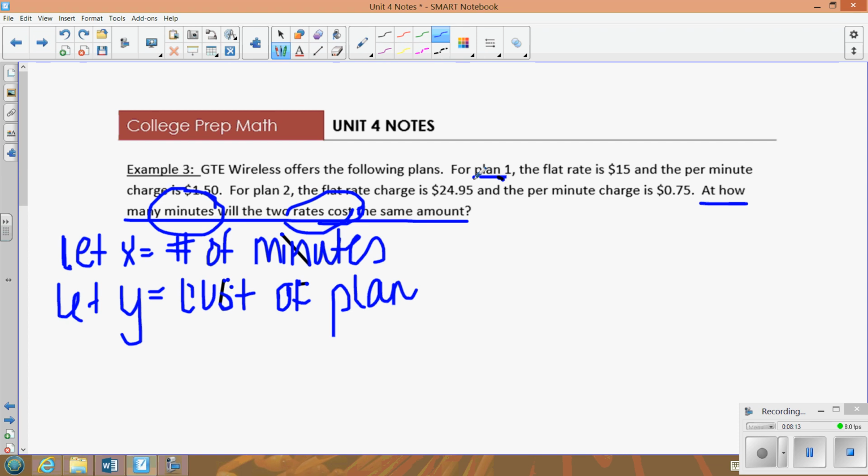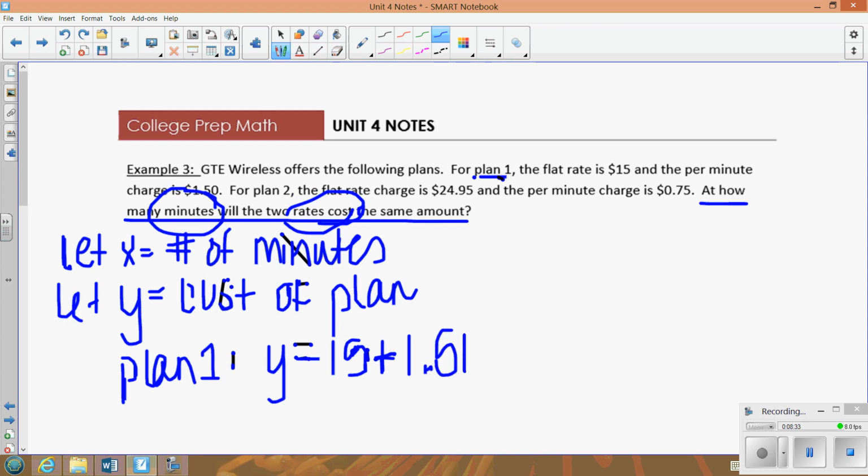So what that means is plan 1, the total cost of that plan is going to be $15 plus $1.50 times the number of minutes that you talk. So it's going to be 1.50 times the number of minutes.